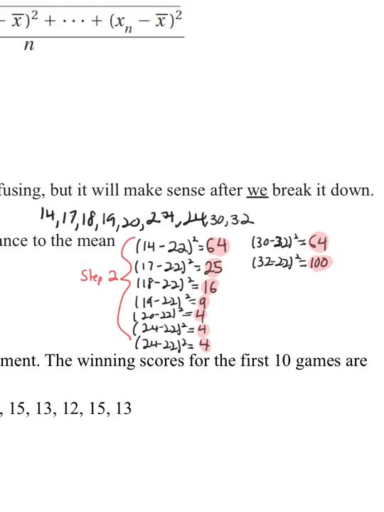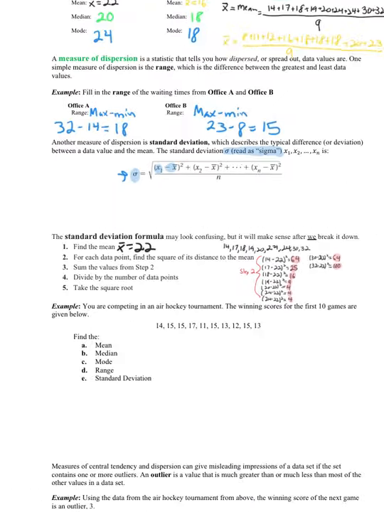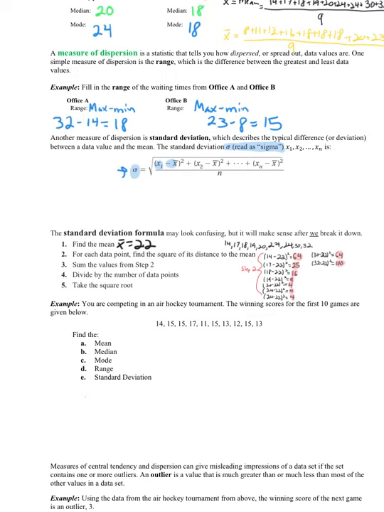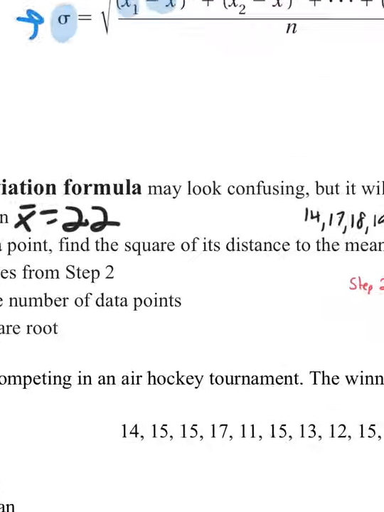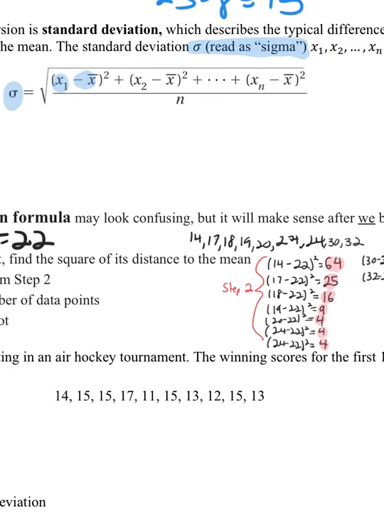All right, so we found the mean. Now we found each data point, we found the square of its distance from the mean. Now step 3 is we're going to do the sum of all of these values. So we're going to take our 9 values and add them all up for step 3. 64 plus 25 plus 16 plus 9 plus 4 plus 4 plus 4 plus 64 plus 100. And then there should be 9 values here. 1, 2, 3, 4, 5, 6, 7, 8, 9.